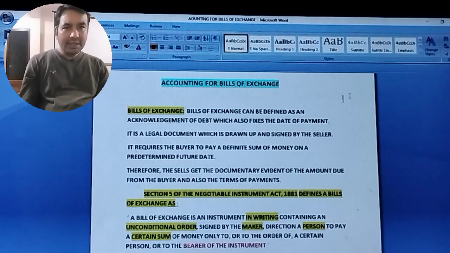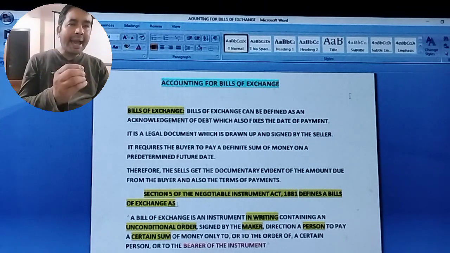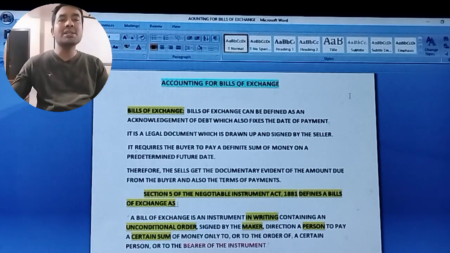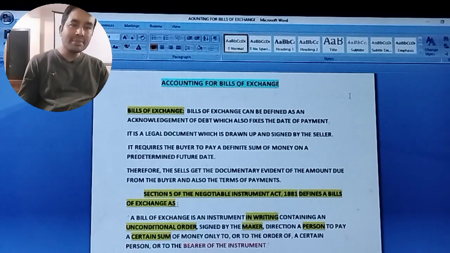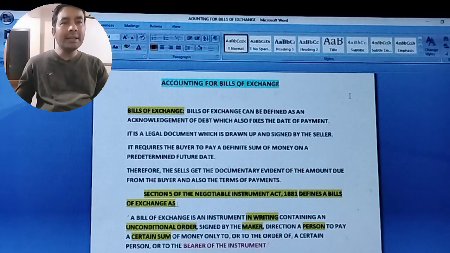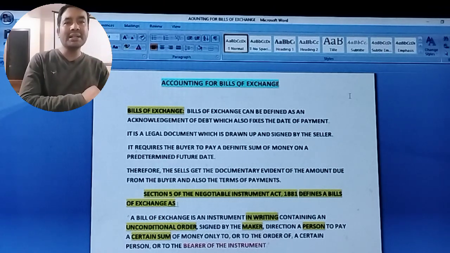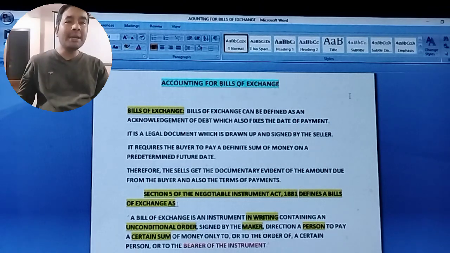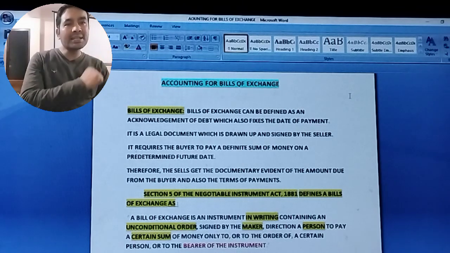What does it mean? The buyer has to make the payment on the due date to the seller, or sometimes, as it is a negotiable instrument, the seller may transfer the bill in favor of his creditor. In that case, the buyer has to make the payment not to the seller but to his creditor.